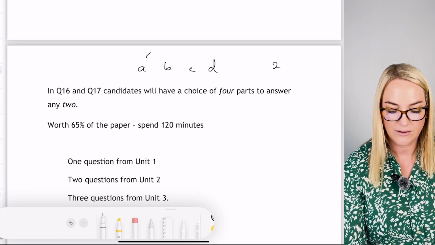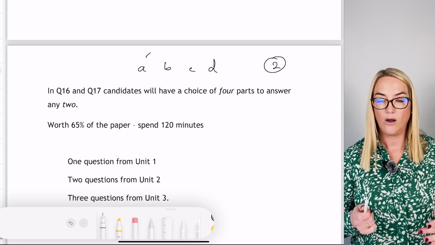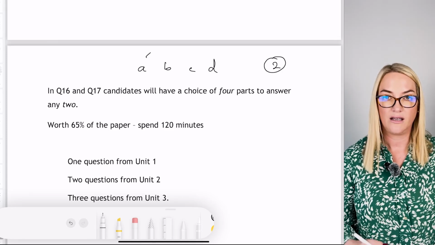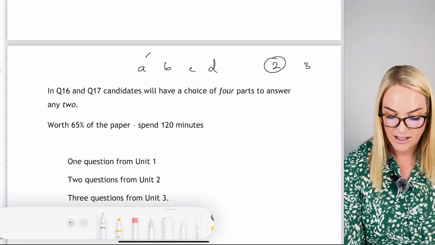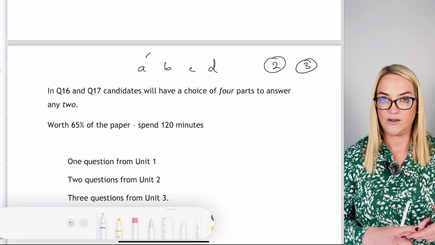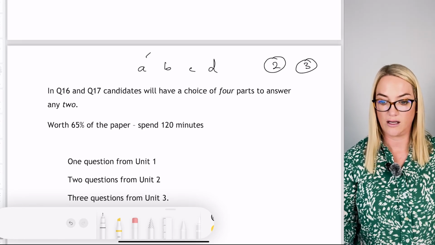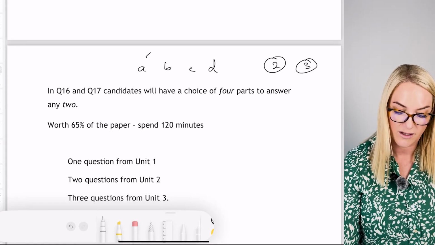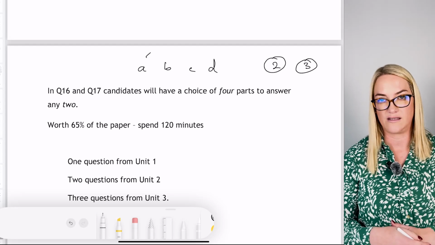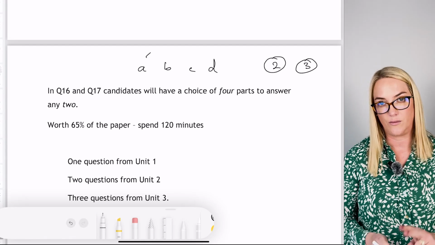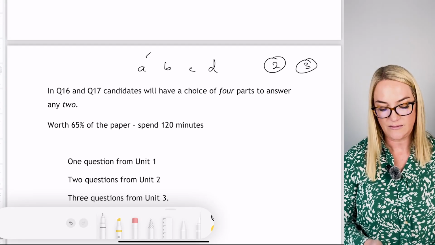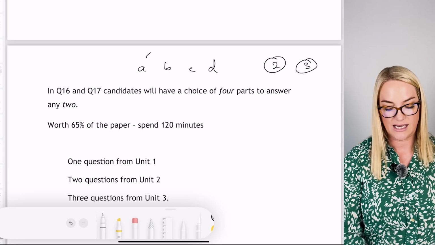You only need to do 2. Now, what happens if you like 3 of them? Yes, answer the 3. And your best 2 from this are picked. But then you might go, actually, I can answer all 4 of those. Answer all 4 of those then. And the best 2 will be picked. So that's questions 16 and 17.